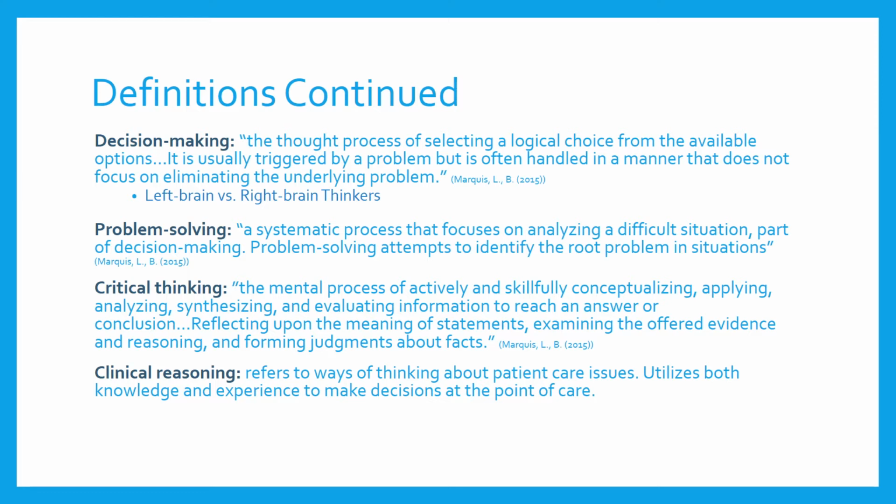So decision making in a nutshell is required as a nurse. It's important to know how to make decisions and understand the way that you think can play a role in your decision making. Problem solving is pretty straightforward, being able to solve problems, and this basically includes the nursing process, right?